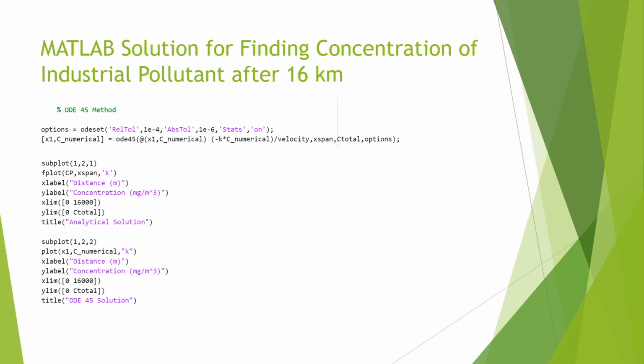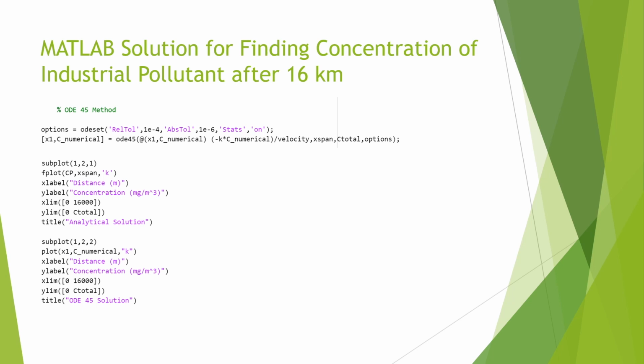Then you use the ODE45 function to find the solution to a differential equation, which is written as negative k times c numerical divided by the velocity, and we're using our x span, which is defined from 0 to the total distance of 16 kilometers. Our initial concentration is C total, which is what we had found as the concentration from when the river combines with the discharge from the chemical.